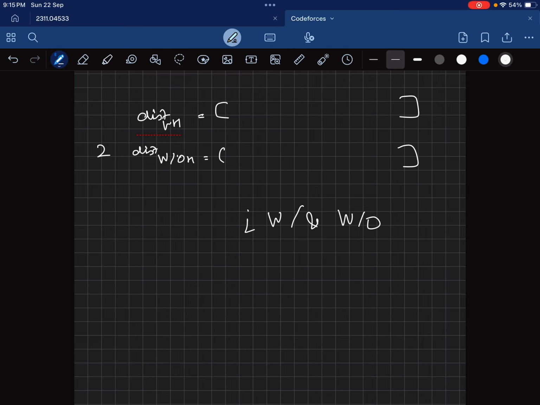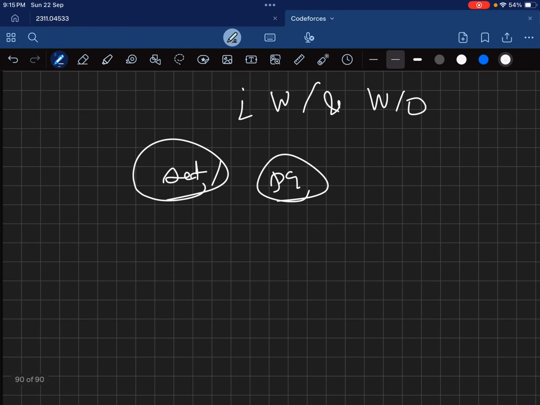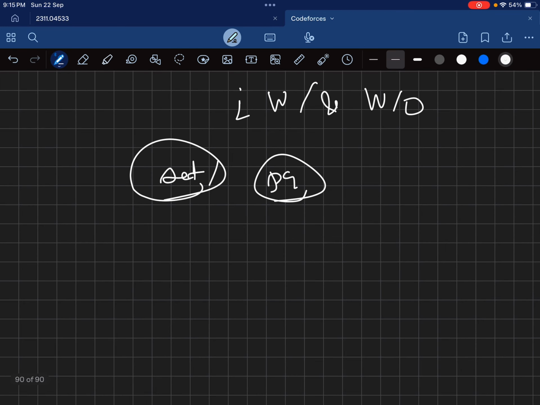So when we use a priority queue or set for the implementation, in the standard implementation we just care about the node and the distance, so the priority queue holds a pair of node and distance.